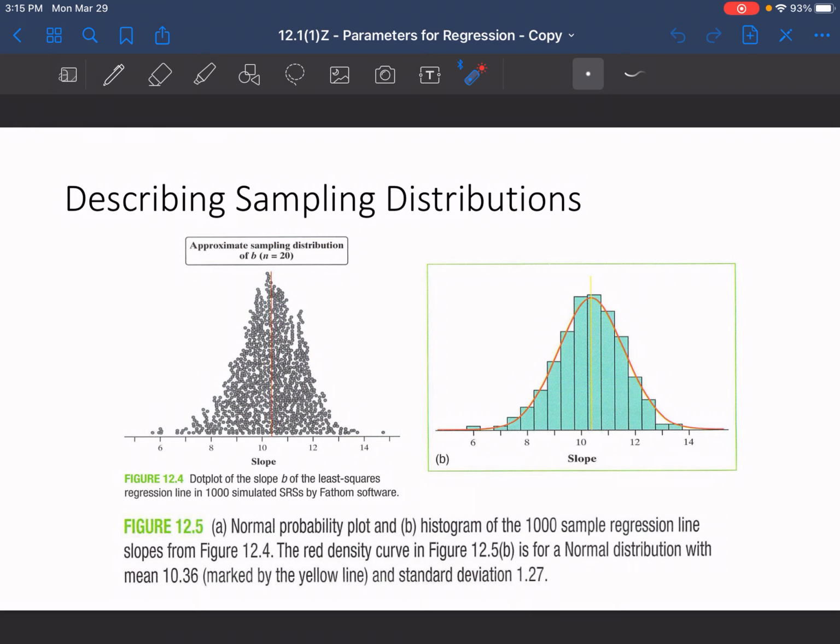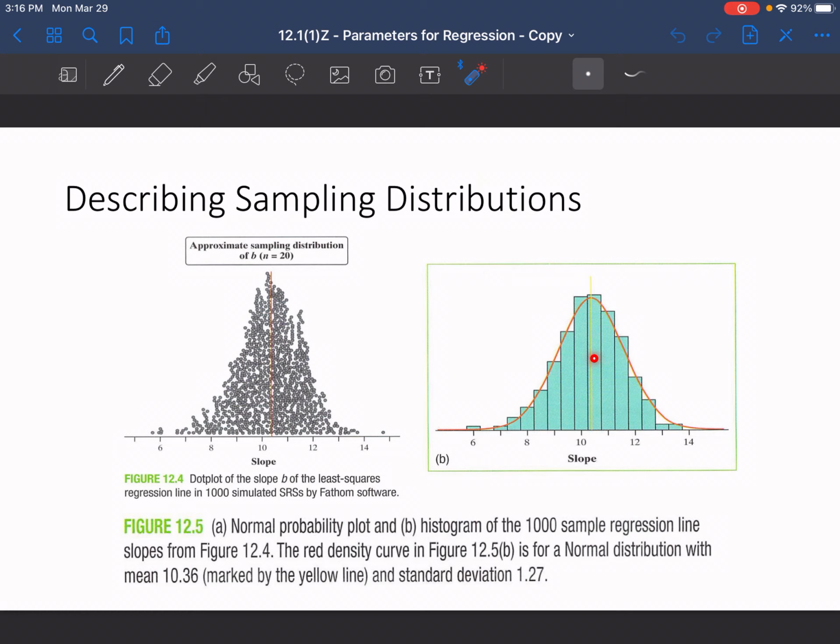and B represents a histogram of the 1,000 sample regression line slopes from figure 12.4. The red density curve right here is for a normal distribution with a mean of 10.36 and a standard deviation of 1.27. So essentially all we're trying to get at here is that both of these images represent a whole lot of least squares regression lines, or where their slopes were, essentially.